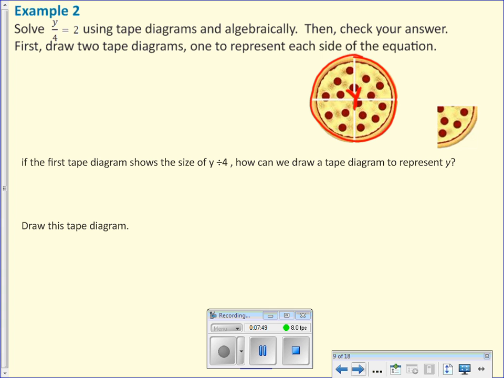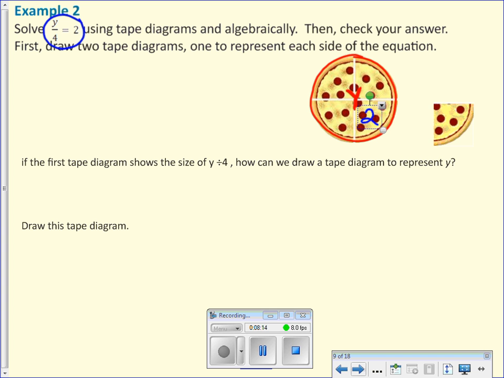This is y divided by 4. It's 1/4 of the y. What does 1/4 of the y equal? 2. So I know that this is 2.